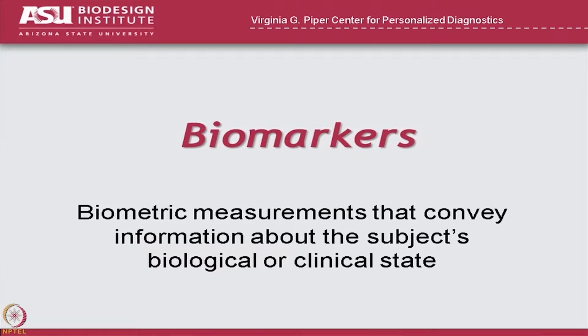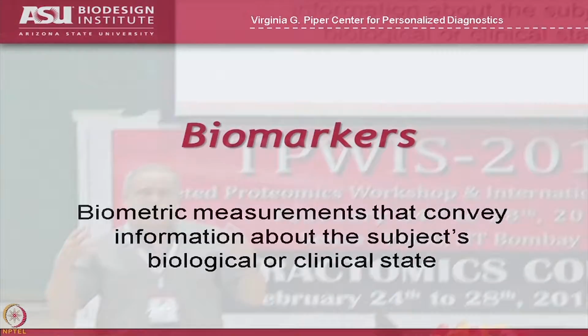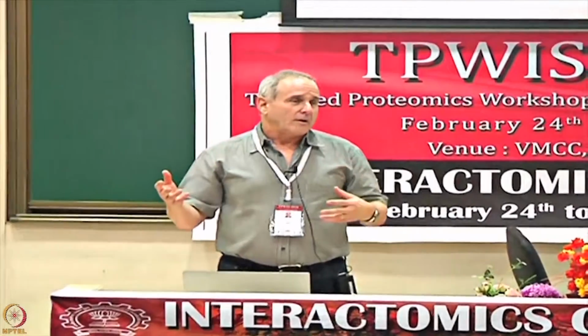If you go to a doctor's office and they measure your blood pressure, that's a biomarker. They're using the blood pressure to get a sense of your health, and to predict the likelihood of getting hypertension or cardiovascular disease. If they measure your cholesterol, that is a biomarker.